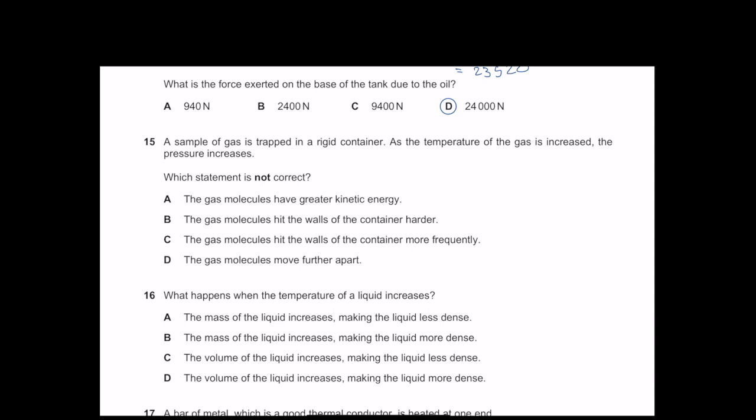No. The gas molecules stay the same average distance because the volume is constant. So further here is wrong, because the container is already sealed or trapped or closed, right? So D is wrong, that's why I'm going to choose it. Remember, they ask you here for the not correct one.